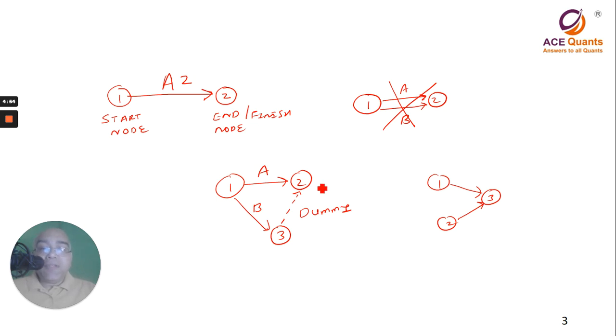Therefore, in this convention, A has a separate end, B has a separate end, and this dummy activity serves the purpose of ensuring that we cannot go beyond this point without completing A and B. So, had you drawn something like this, for C it would have been wrong, and the correct way is to show it like this. So this is what I said: whenever we draw the network diagram, we are going to see that perhaps we now need to have a dummy.